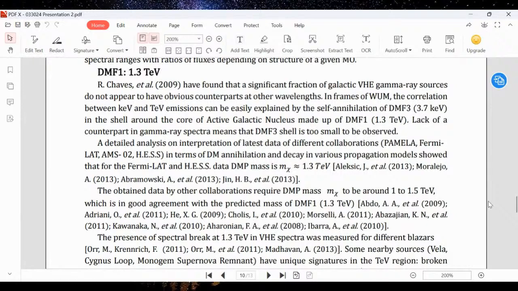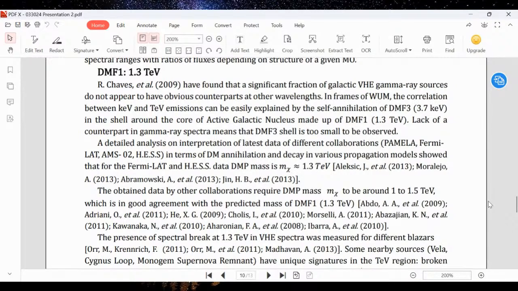DMF1, 1.3 tera-electron volts. Chavez et al. have found that a significant fraction of galactic very high energy gamma-ray sources do not appear to have obvious counterparts at other wavelengths. In the frames of WOMB, the correlation between kilo-electron volt and tera-electron volt emission can be easily explained by the self-annihilation of DMF3 with 3.7 kilo-electron volt rest energy.